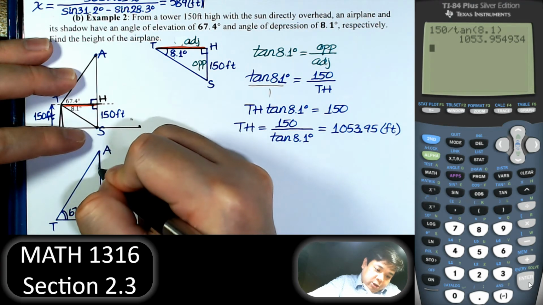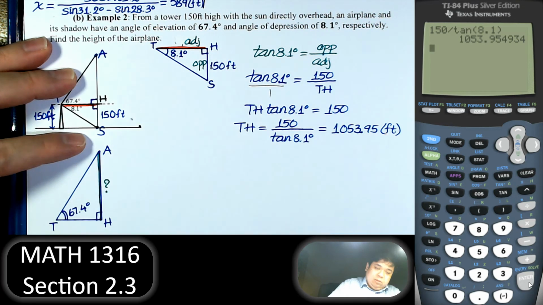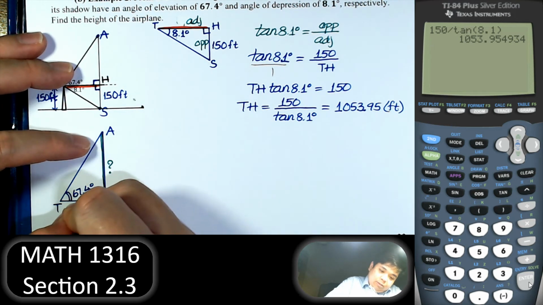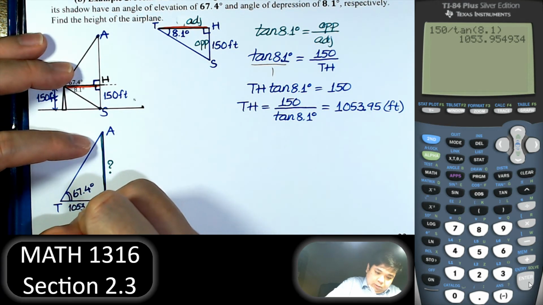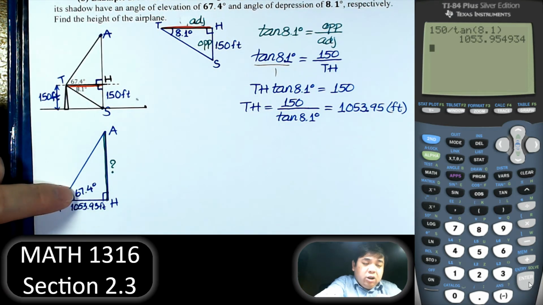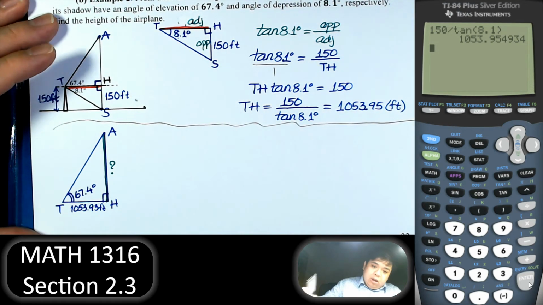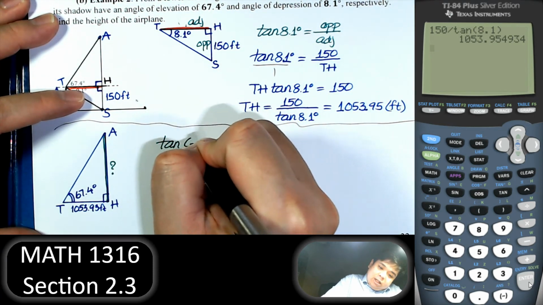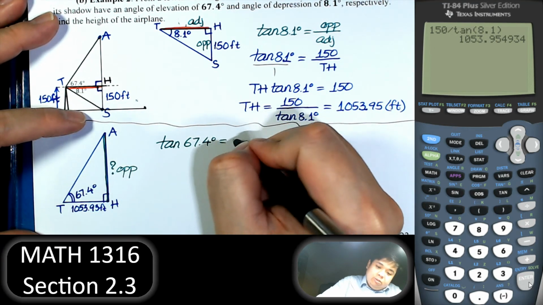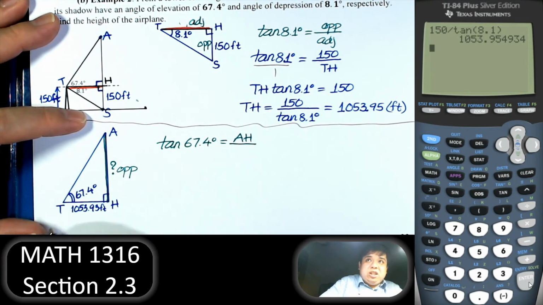So we're looking for AH. And we know TH. We know TH. Now with respect to the angle 67.4, tangent of 67.4 equals opposite, which we don't know, which is AH, over the adjacent, which is TH. We do know that.